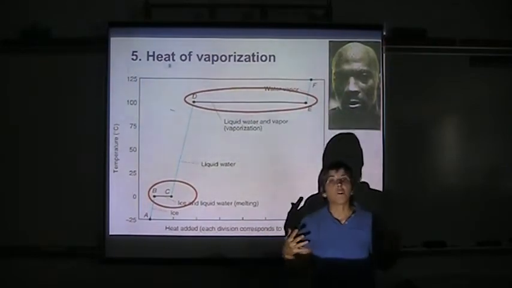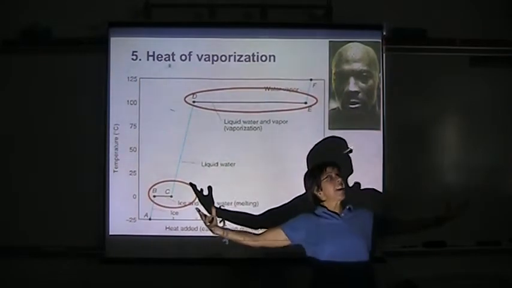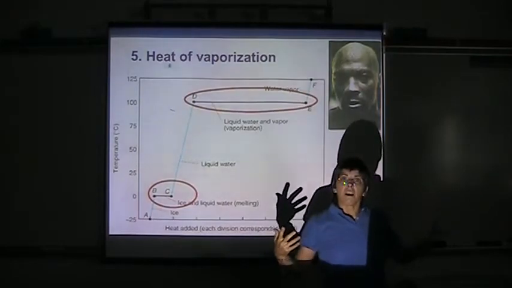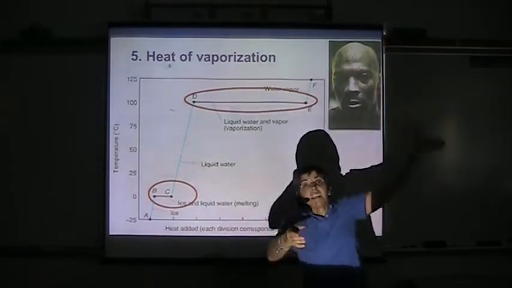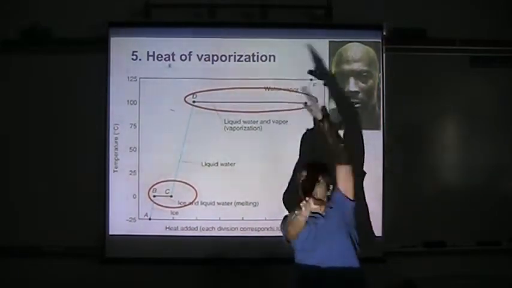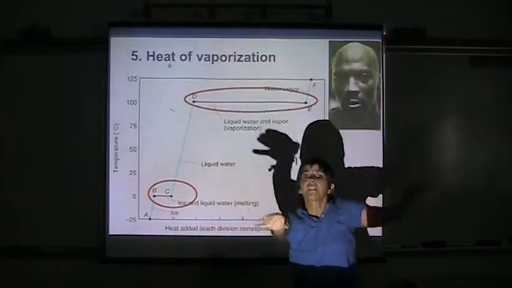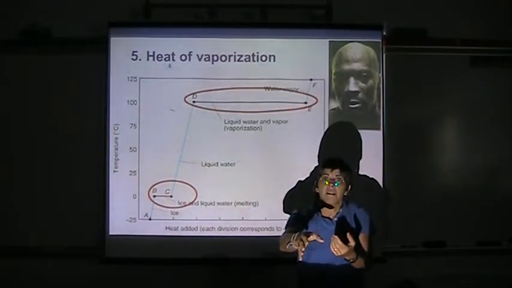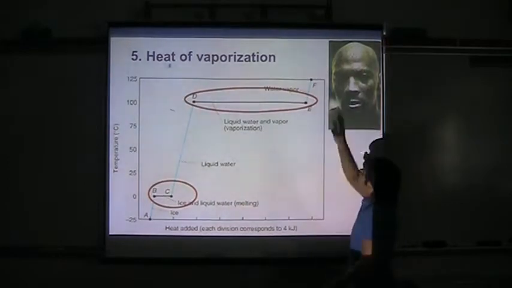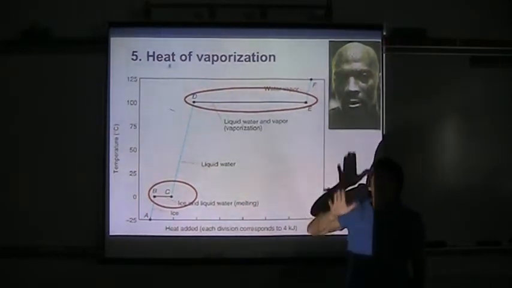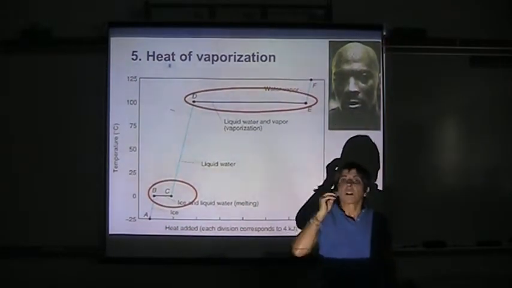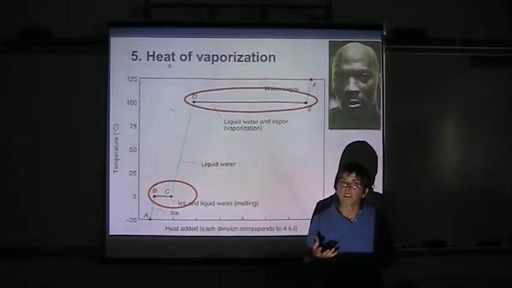That is why when you stand in front of a fan, you feel cooler, because the fan is helping the water molecules break away and be removed from your body. Sweating is critical. And what happens with sweating, you release the water.